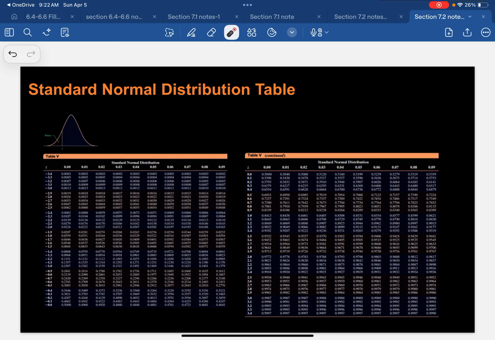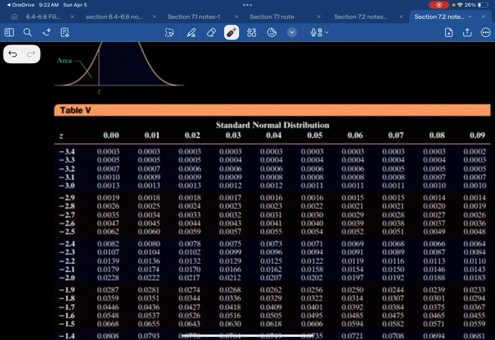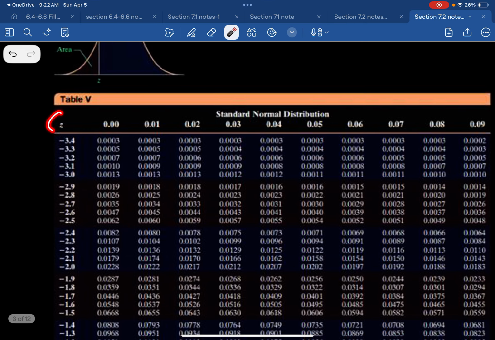Now, what is this table actually? This table has some pre-found values in it. We are going to use those values to solve problems, okay? Now, let's look at the table here. Let's zoom in. Look at that. This is the column called Z, right? The column is the Z scores.